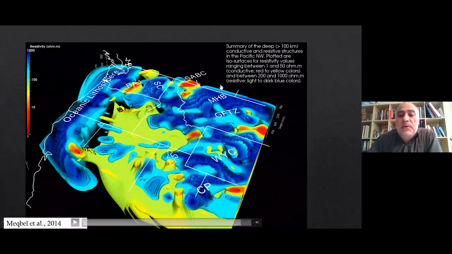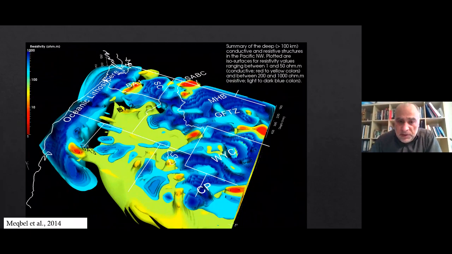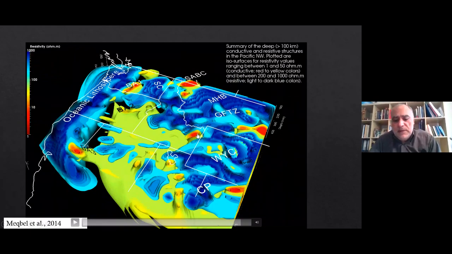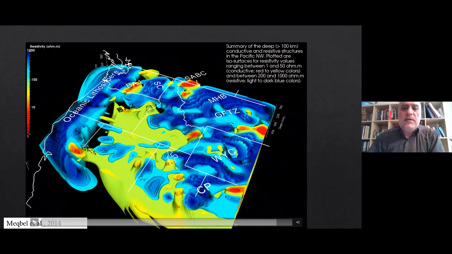As I said before, the eastern part of the study area is characterized by stable tectonic plates, and this is what we can image in the conductivity model: resistive blocks. It's also nice to observe this conductive anomaly coming from the asthenosphere, or from a deep conductive structure, going toward Yellowstone. There are several publications on that in terms of seismic, and they correlate to a great extent with our model and the interpretation that we did.